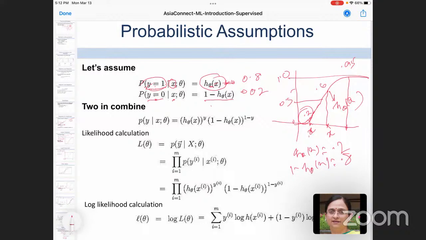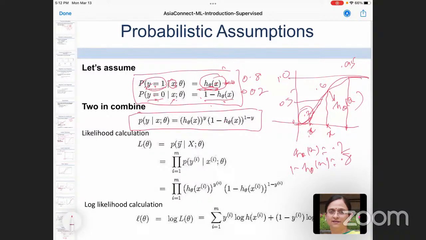For binary classification, you can have these two formulations. The hypothesis is this one, and 1 minus h theta x is the probability of y equal to 0 given x and parameter theta. If you combine these two, you will get basically the same formula.